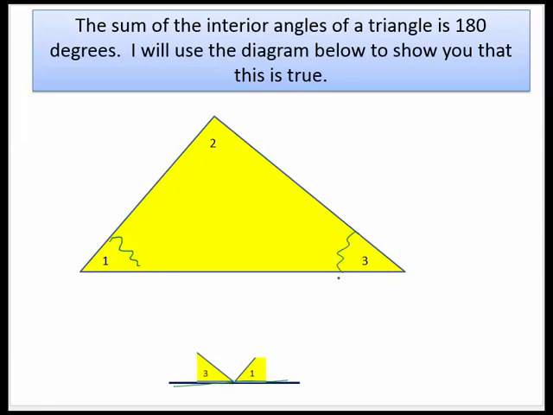And then I'd have them rip off number 3 and take that vertex and put it right on that point there. Then I'd have them rip off number 2, and guess what? When they ripped off number 2, it fit perfectly in the space in between. So that means those 3 angles, angle 1 plus angle 2 plus angle 3, do combine to add up to 180 degrees.